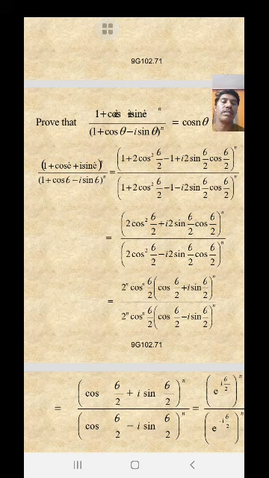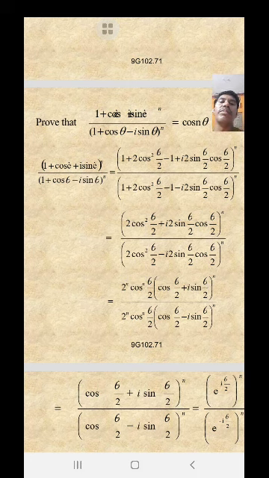In place of 2 theta we have theta, so the right side part is also changed. Therefore sin theta can be written as 2 sin theta by 2 into cos theta by 2, whole power n as it is.